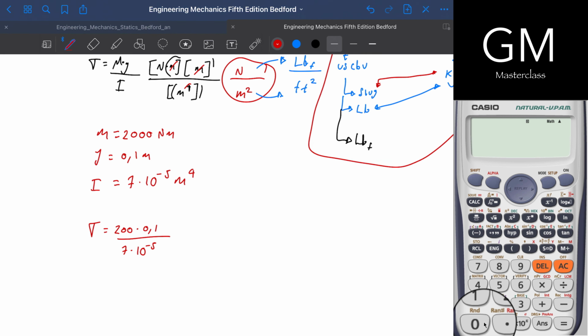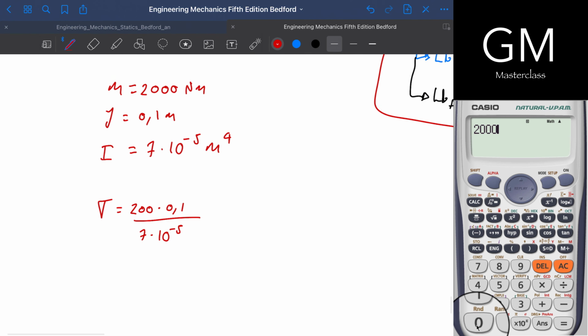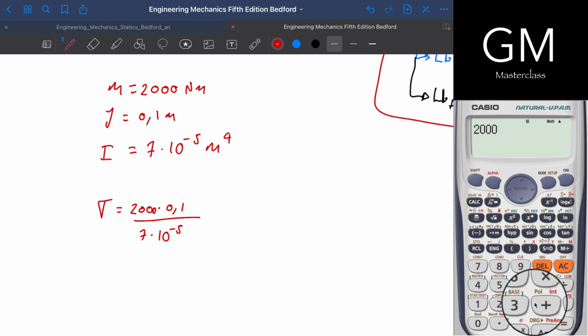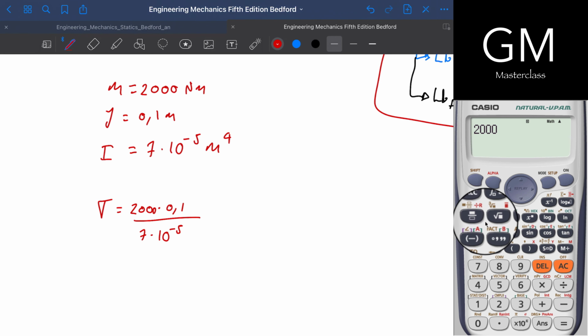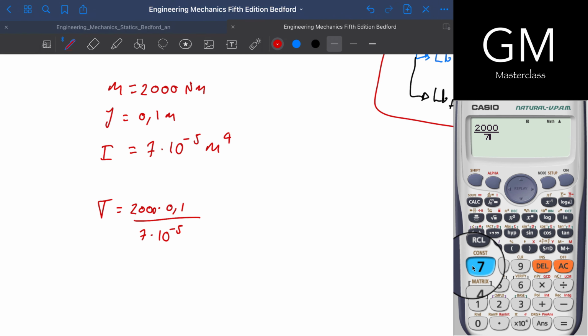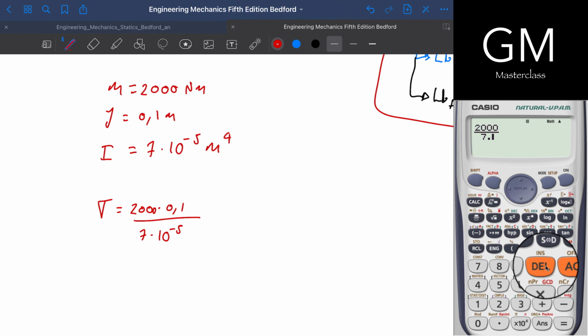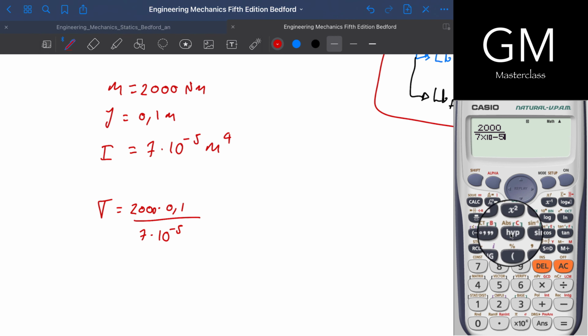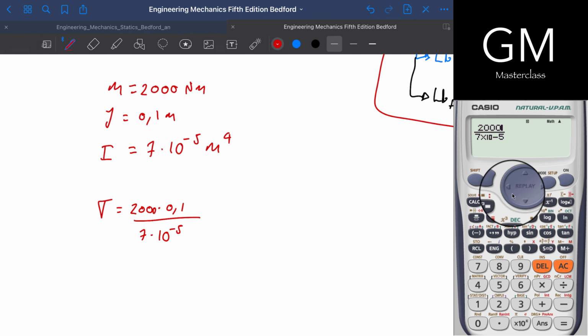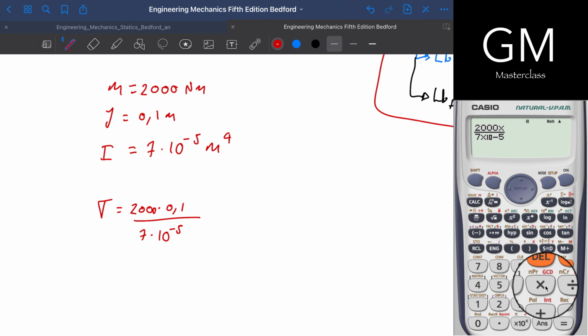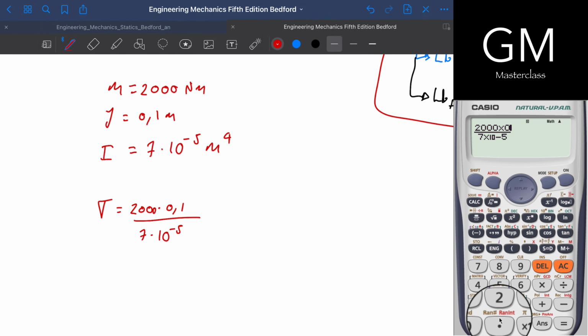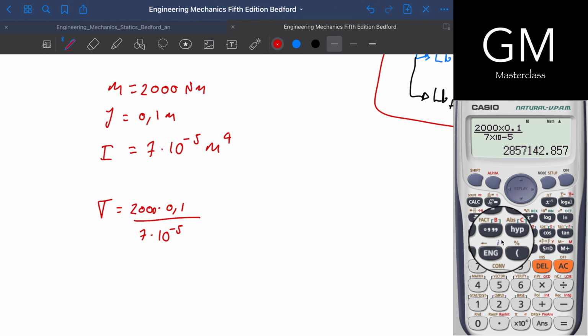Then 2000, I missed a 0, 2000 divided by 7 times 10 to the minus 5th power, and that 2000 is multiplied by 0.1. The result is this one.